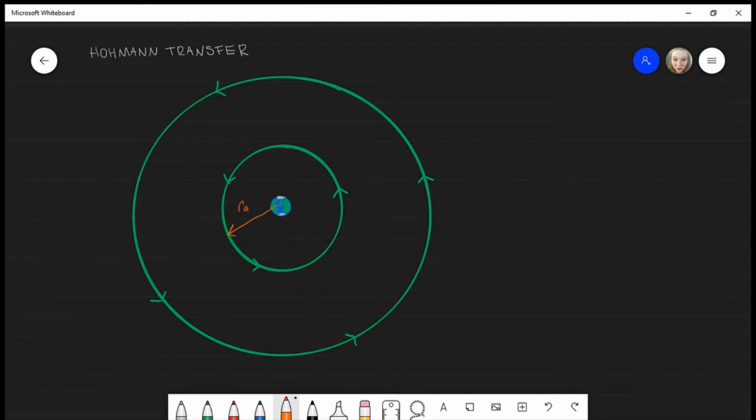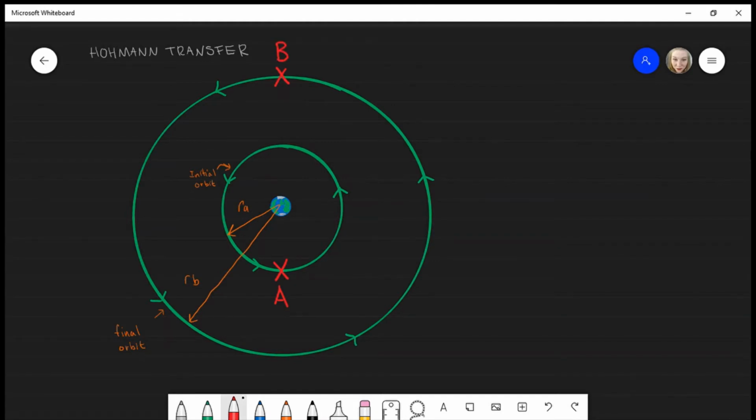RA being the radius of the initial orbit, RB being the radius of the final orbit. I'm now going to label 2 points on the diagram, point A and point B.